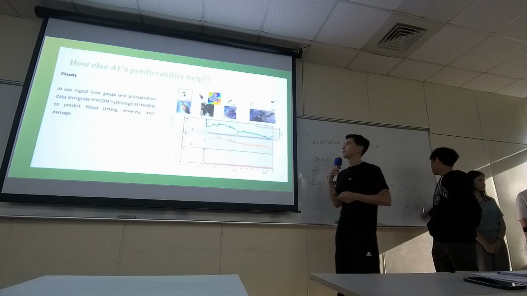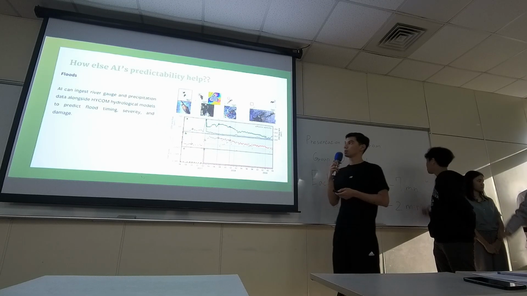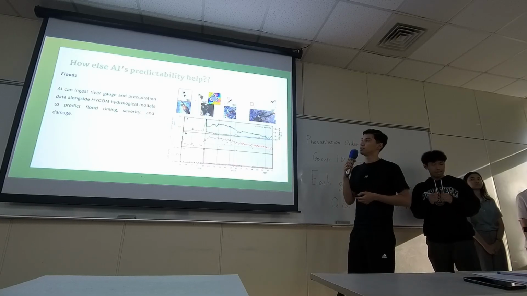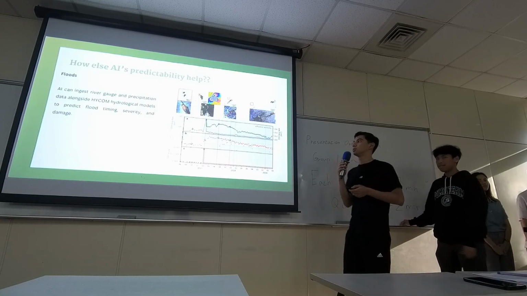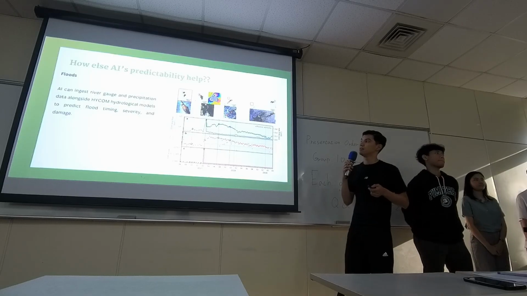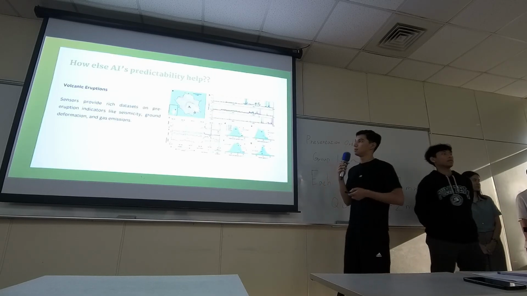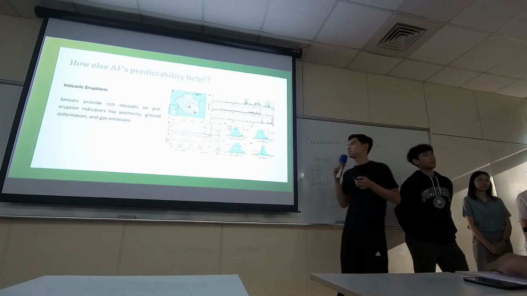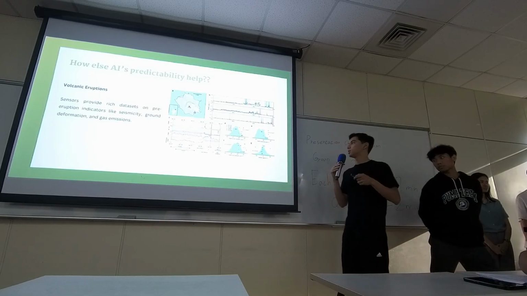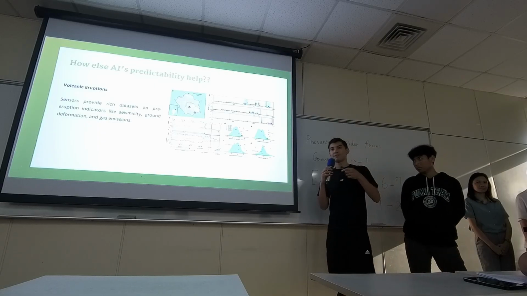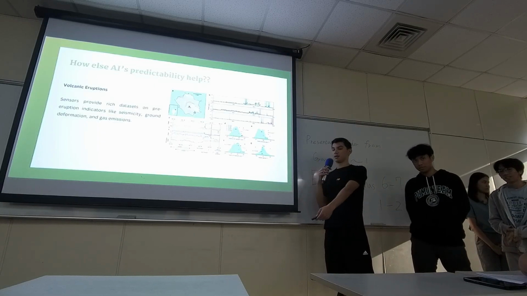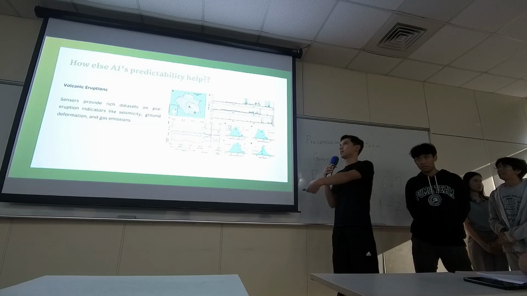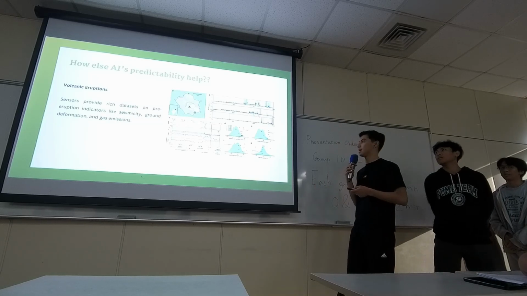Also floods: AI can ingest river gauge and precipitation data along with hydrological models to predict flood timing, severity, and damage. Volcanic eruptions are also predictable thanks to artificial intelligence, which allows everyone to get a step ahead, so we can predict natural disasters and save many lives.